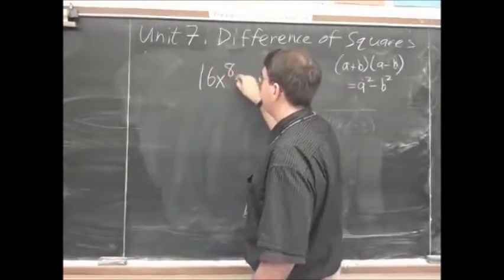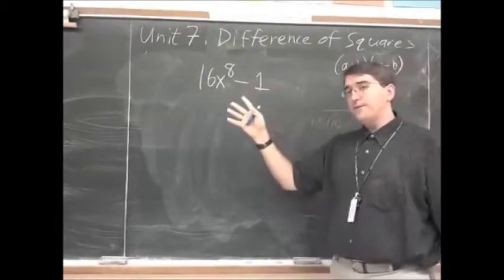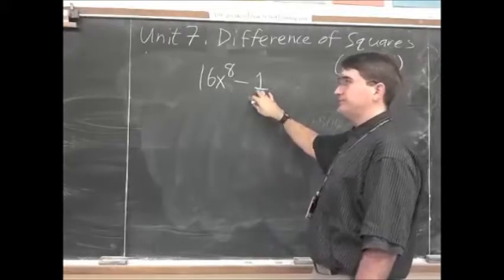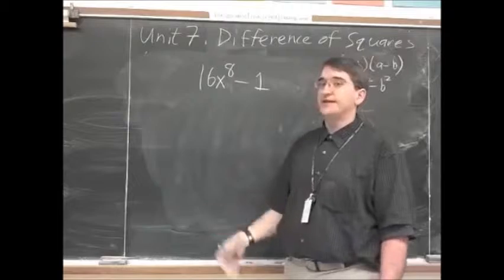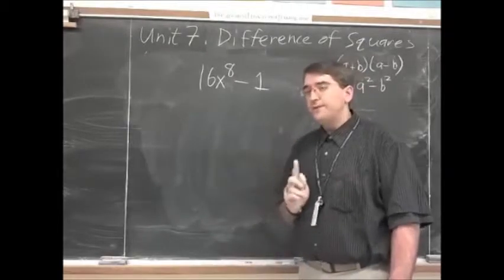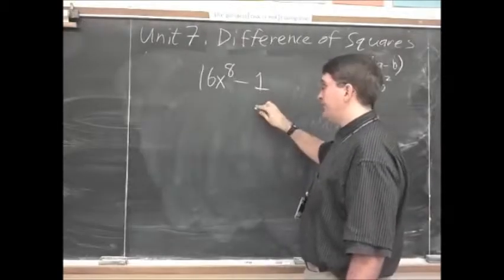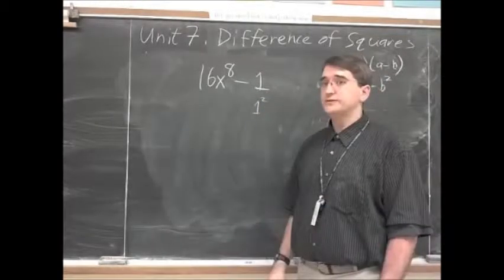16x to the power of 8 minus 1. On the face of it, this might not look like a difference of squares. After all, 1 doesn't ring a bell as a perfect square, and certainly x to the 8 is not x to the 2. But if you think about it a little bit more, you realize that it actually is. After all, 1 is the square of 1. 1 squared is 1.